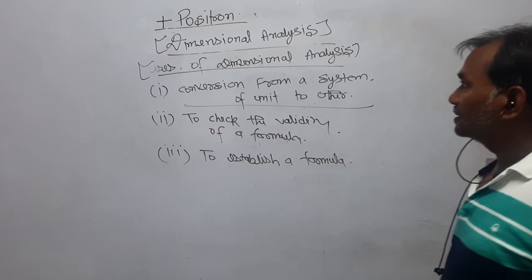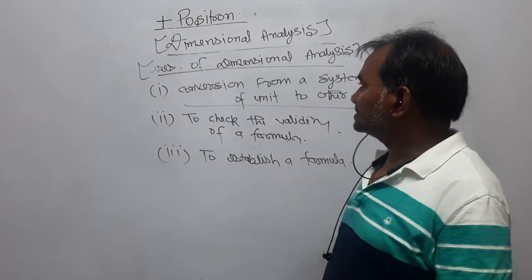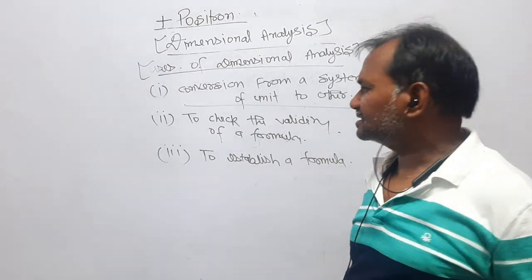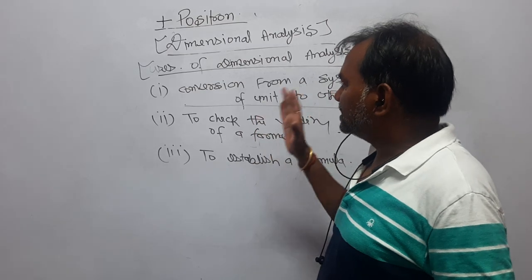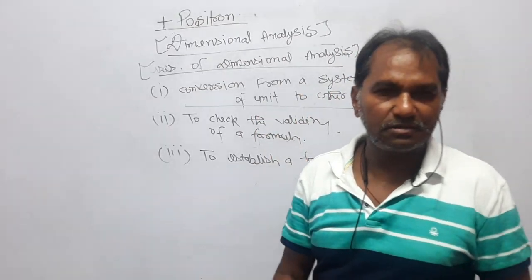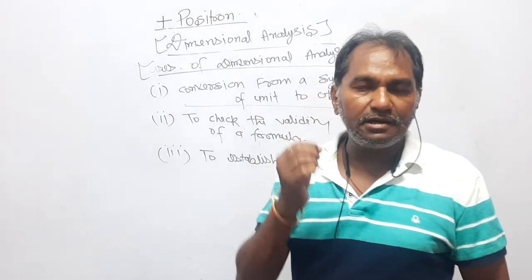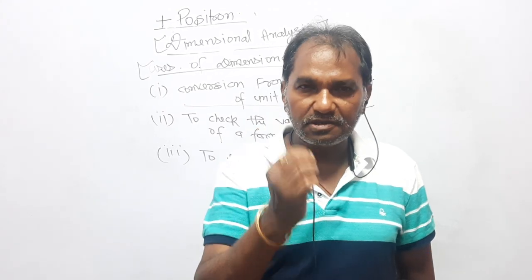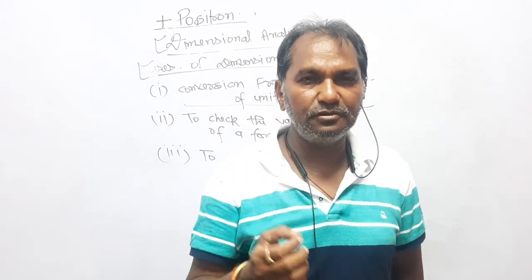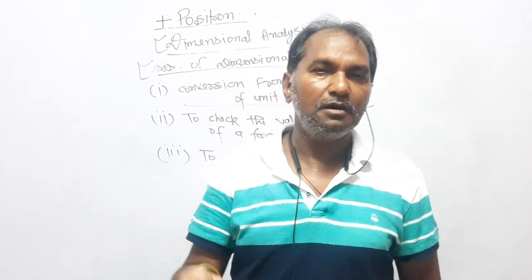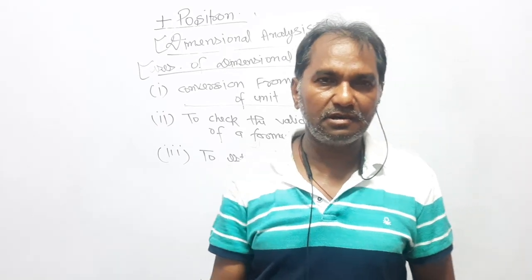Dear students, we are studying uses of dimensional analysis. There are three basic uses. First use is that you can convert a physical quantity from one system of unit to another system of unit by just using dimensional analysis.